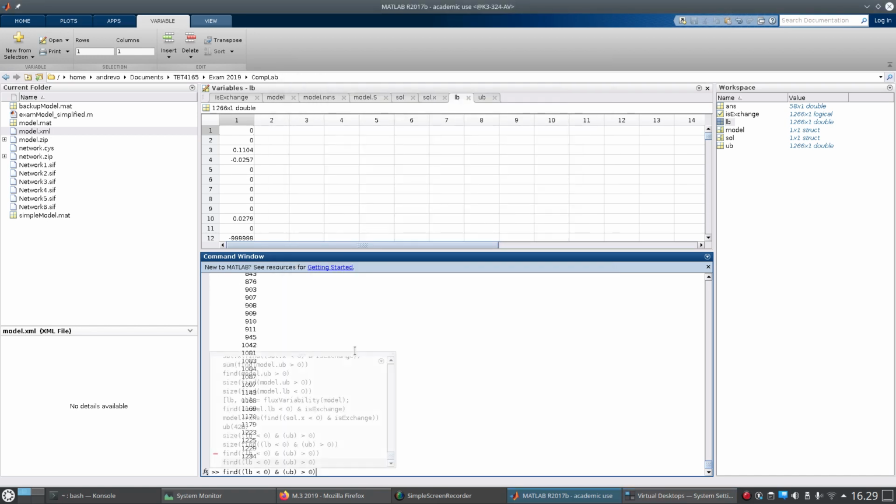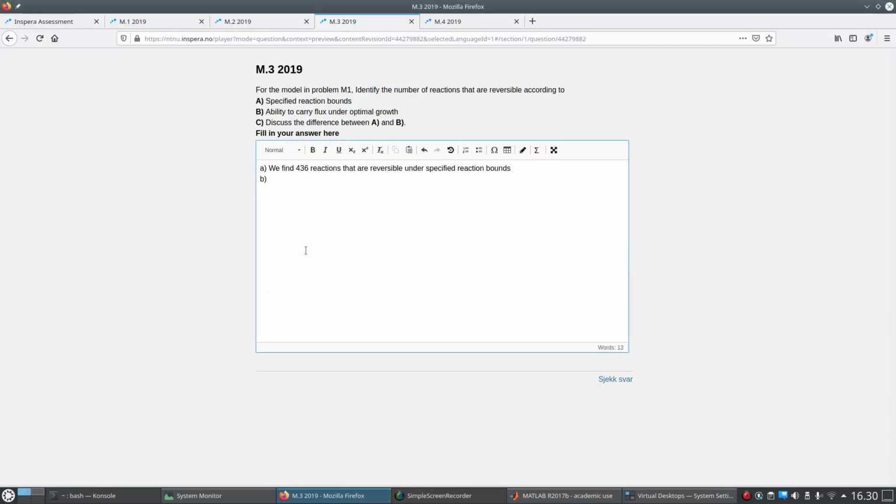And so the size of this is 58. So we find 58 reactions that are reversible under conditions requiring optimal growth.